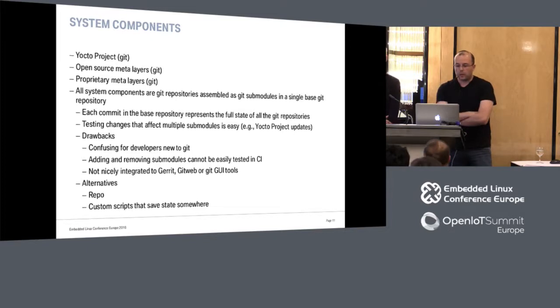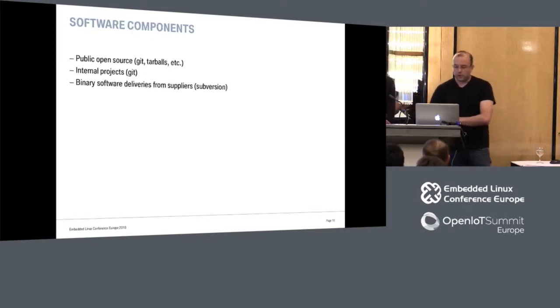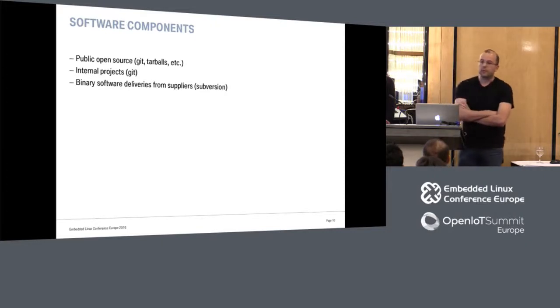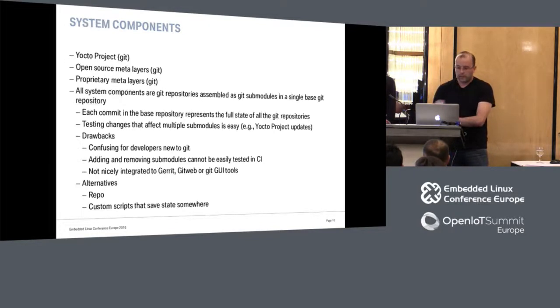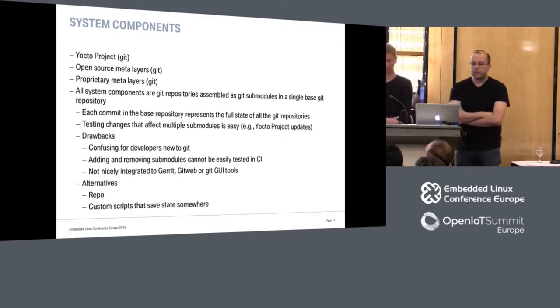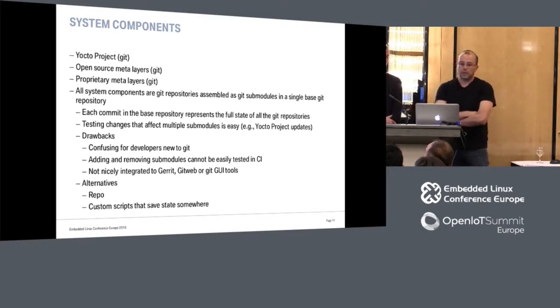Here are some words to give you a better idea of what software components mean. For example, take BusyBox. It's usually a single repository where you just fetch the source or the tarball and compile. The system components are a little bit more elaborate. We basically have the Yocto project, some open source meta layers, and some proprietary meta layers that we keep in the company.